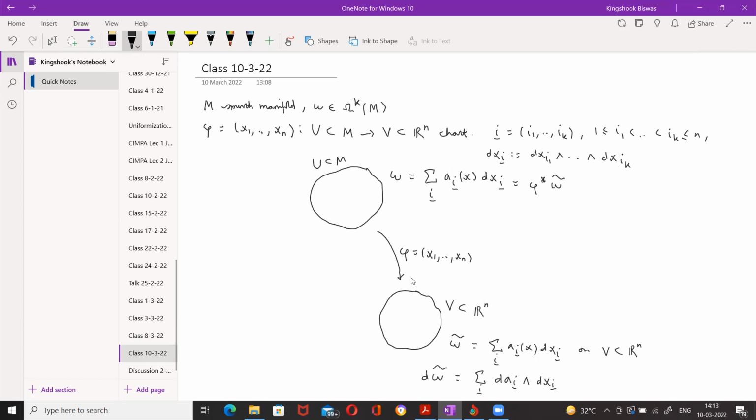So now what we want to do is define the same k plus 1 form in the manifold, and we want to call that d omega. But a priori, this might depend on the choice of chart.